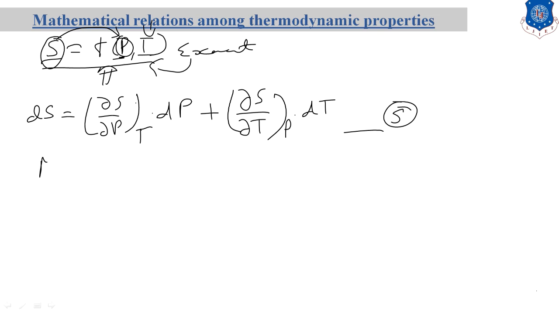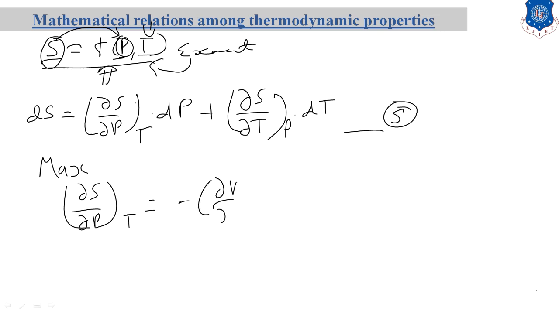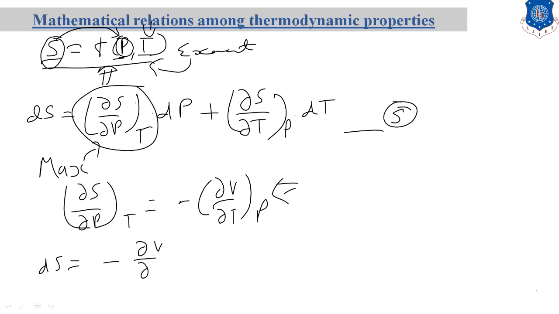But we know the Maxwell equation, which can be given by (∂S/∂P) at constant temperature = -(∂V/∂T) at constant pressure. Using this Maxwell equation in equation number 5, we replace (∂S/∂P) at constant T with -(∂V/∂T) at constant pressure, plus (∂S/∂T) at constant pressure dT.